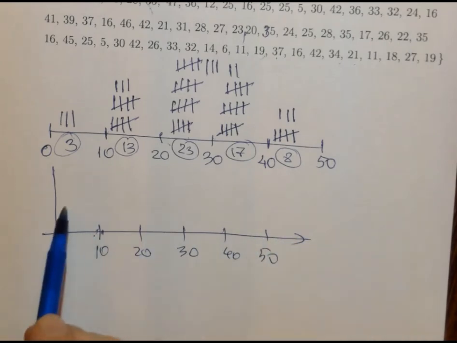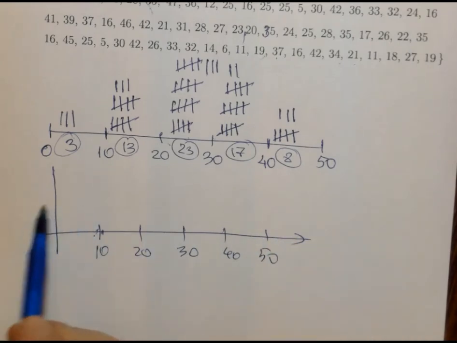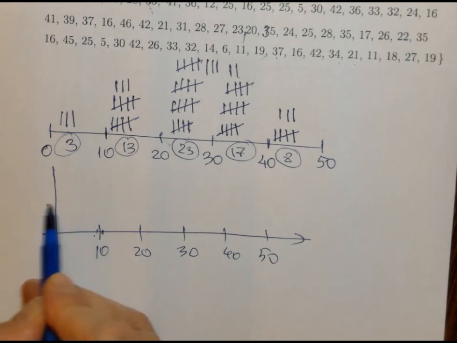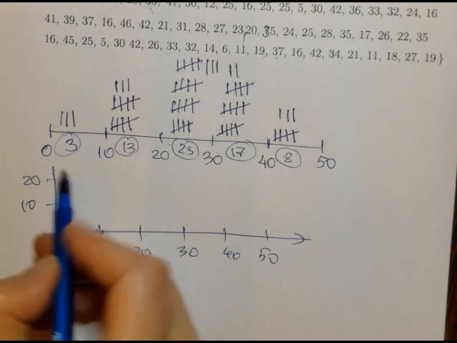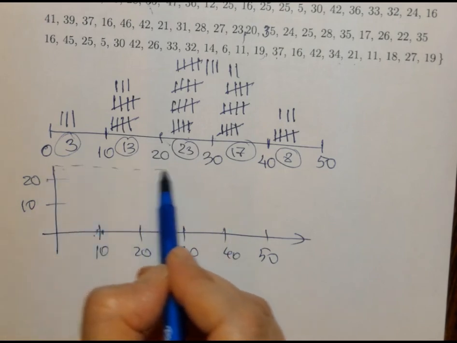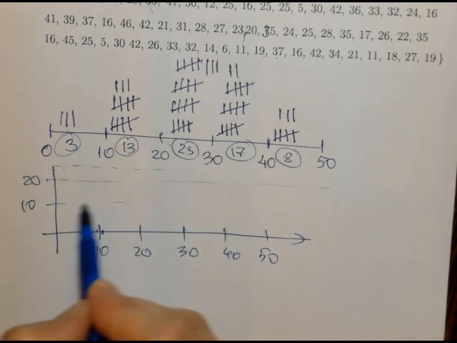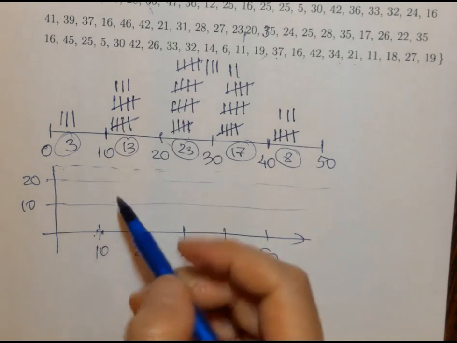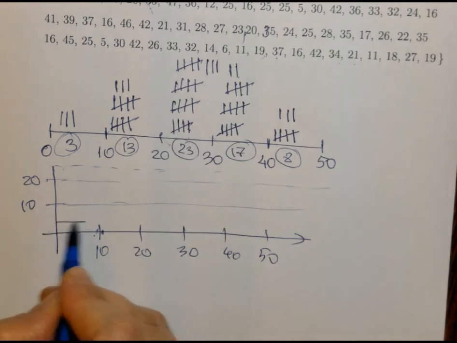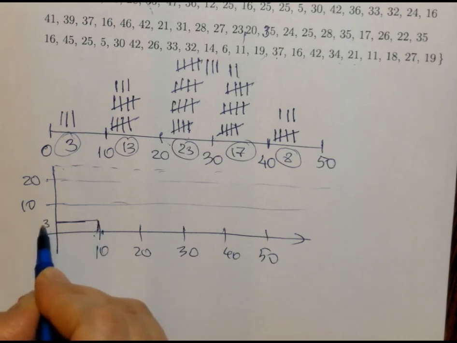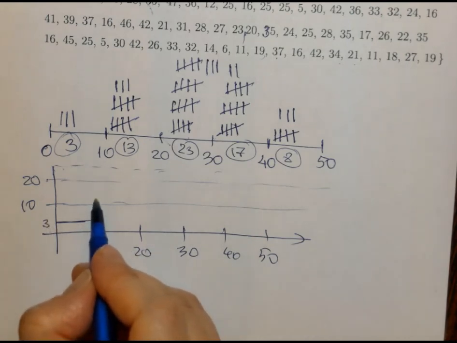So we can make such a histogram. In the first class we have 3. In the second 13.